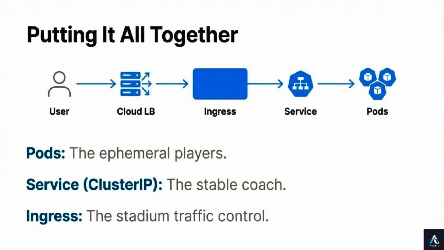Let's build a simple mental model that ties everything together. Pods are the temporary workers. They run your containers, they do the actual work, but they come and go, and their IPs change all the time. Services, especially ClusterIP, function as a reliable interface that keeps your pods accessible regardless of IP changes. NodePort is the quick and dirty way of opening the door to the outside world.